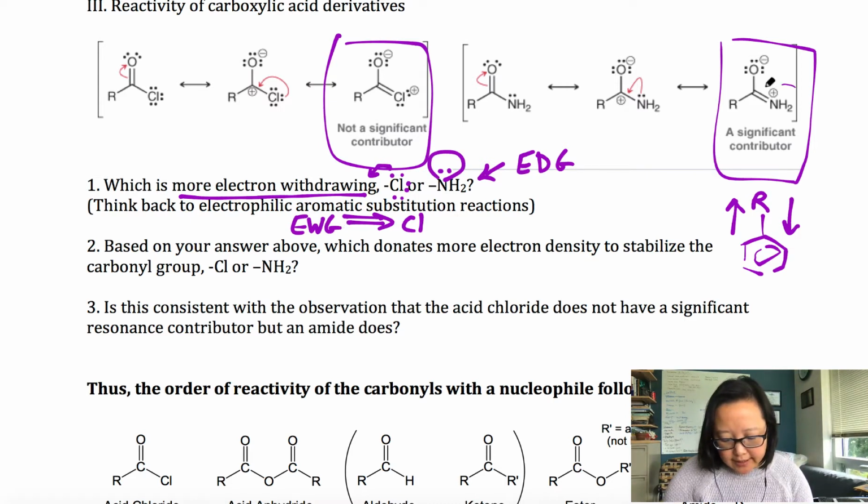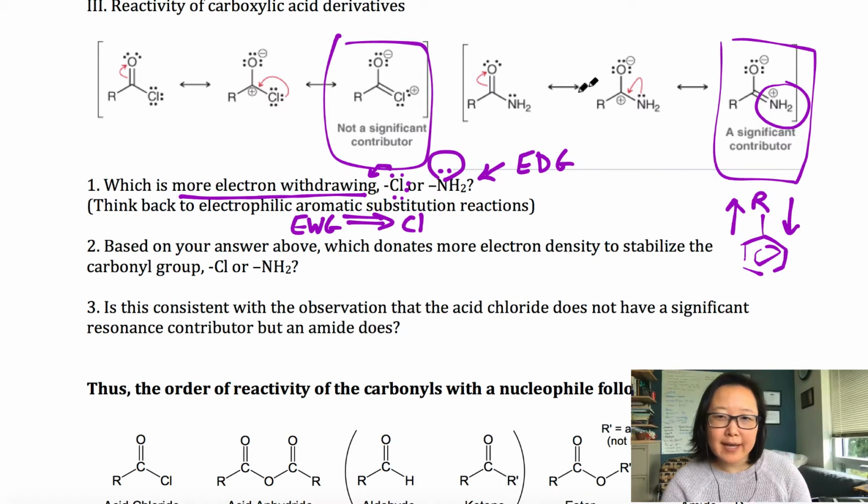So the nitrogen, being more basic, allows for this resonance structure to be more significant. So it lends its electron density more. Is this consistent with the behavior that acid chloride does not have a significant contributor, but amide does? So hopefully approaching it with that idea of donating group versus withdrawing group can help you figure out that this resonance structure is more significant.